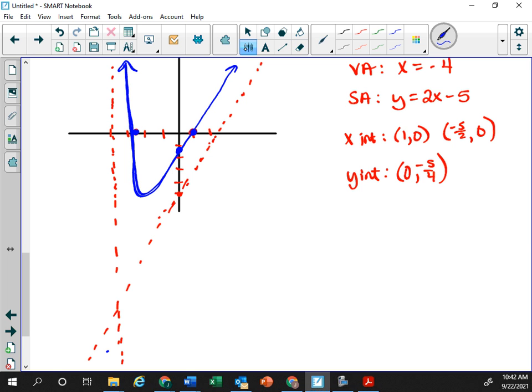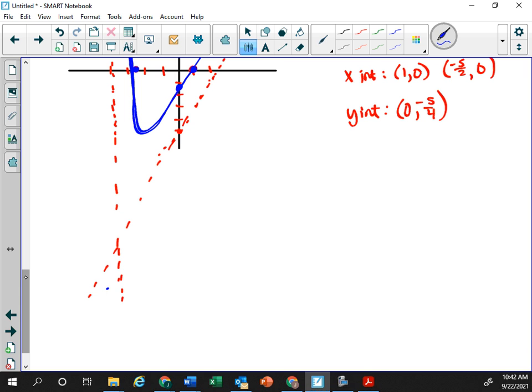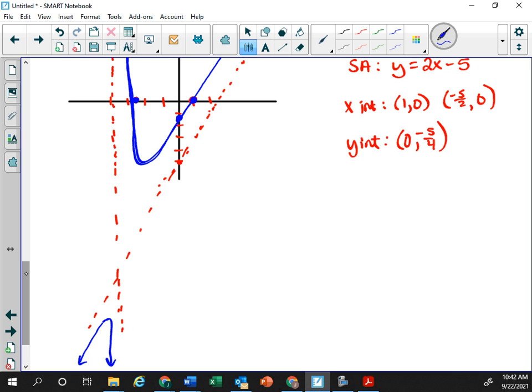But I know it has to be somewhere down here. And again, not looking for perfection, just going, okay, it follows the asymptotes. Just looking for general shape in the right part of the asymptotes, okay? Questions on that one?